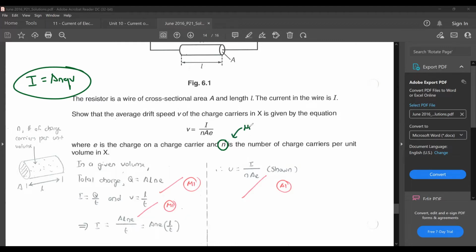Sometimes N can be number of charge particles, sometimes N can be number of charge particles per unit volume. So the same N can mean different things depending on the question. So your N here is number density, number of charge carriers per unit volume.